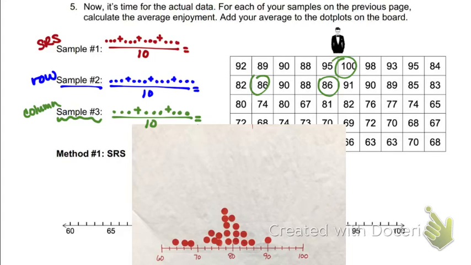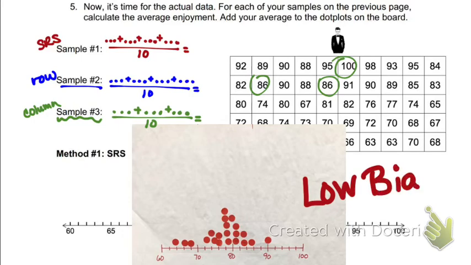Right. This has low bias. It's pretty equally spread out. The true mean for this, because I did go ahead and calculate it, was 78.38.